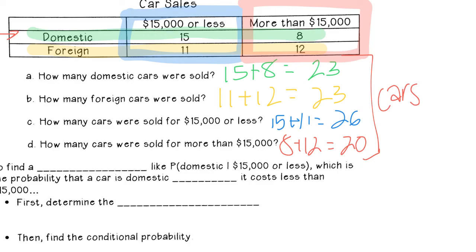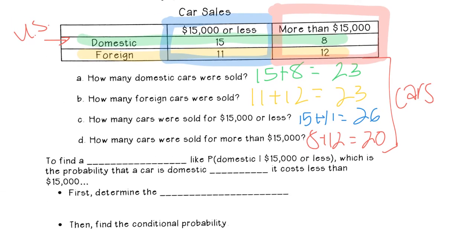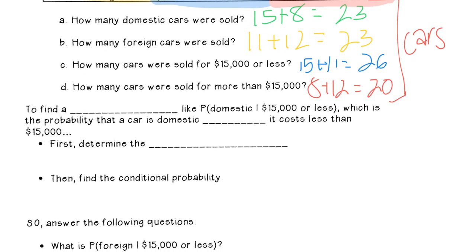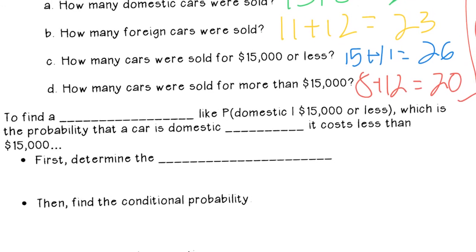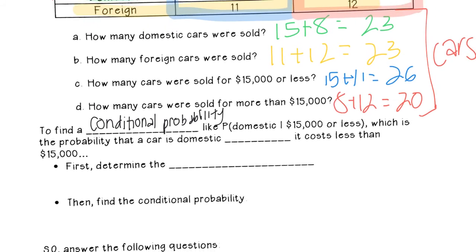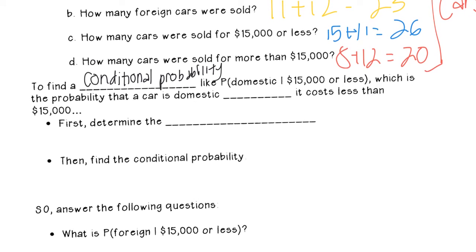So now we can talk about conditional probability, because all of these totals are helpful for that. So to find a conditional probability, like P domestic given $15,000 or less, we show the following.